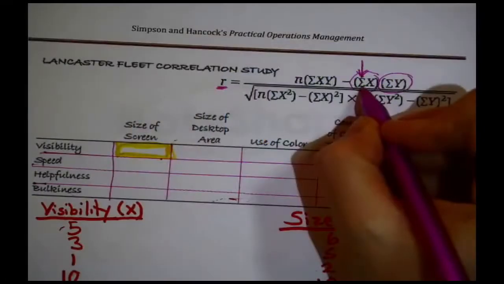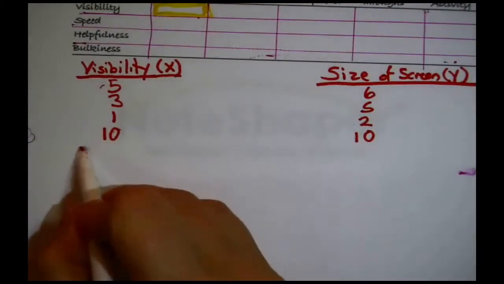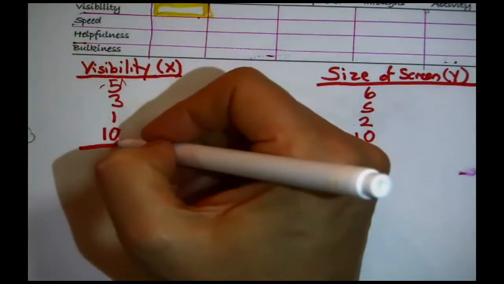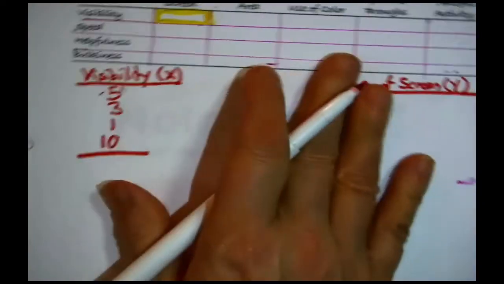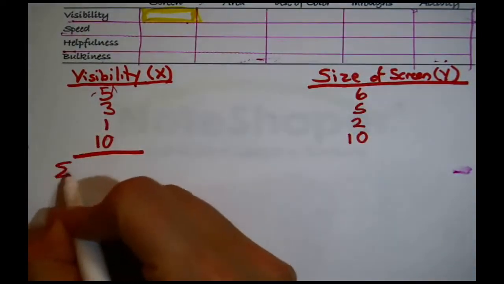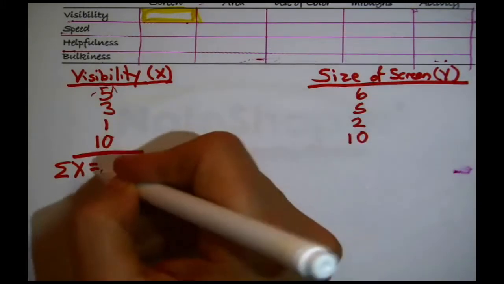That right there is the sum of x. That's easy to find because I said, these observations, they'll be the x's, so to speak. In the formula, I need the sum of x. The sum of x, you just add those up. So I did that. I added them up, I get 19.